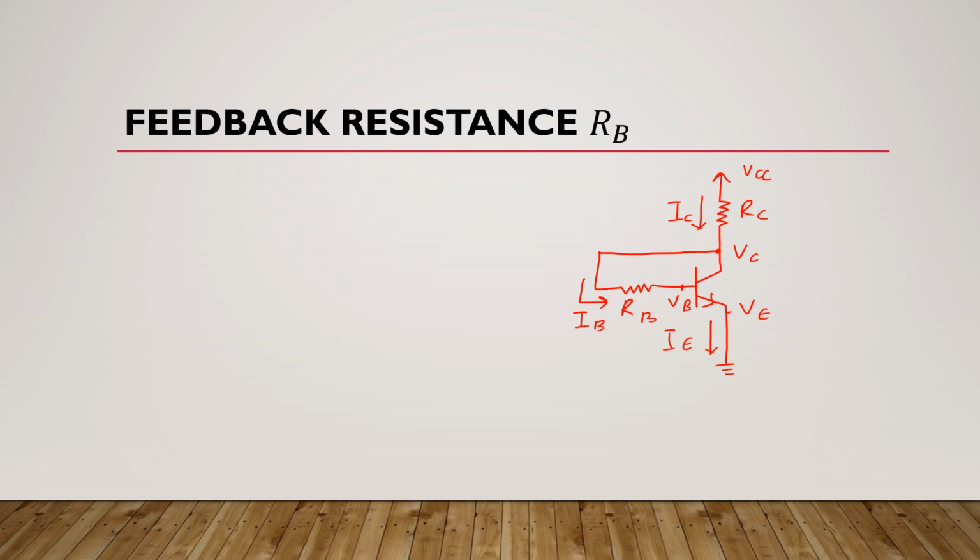Now in this case the formula of emitter current is (VCC minus VBE) divided by (RC plus RB divided by 1 plus beta). Okay, so this is your third scheme.